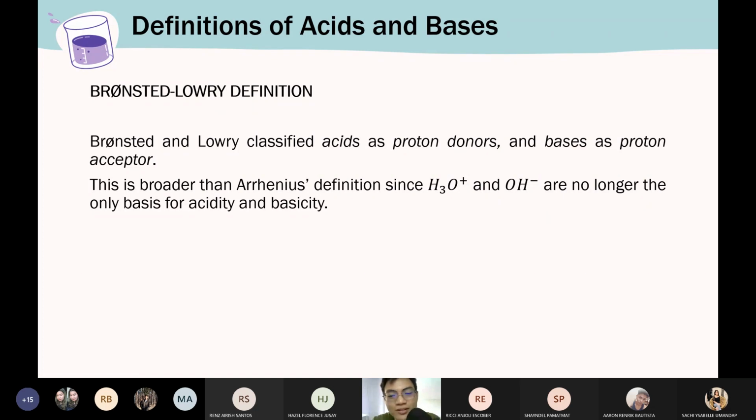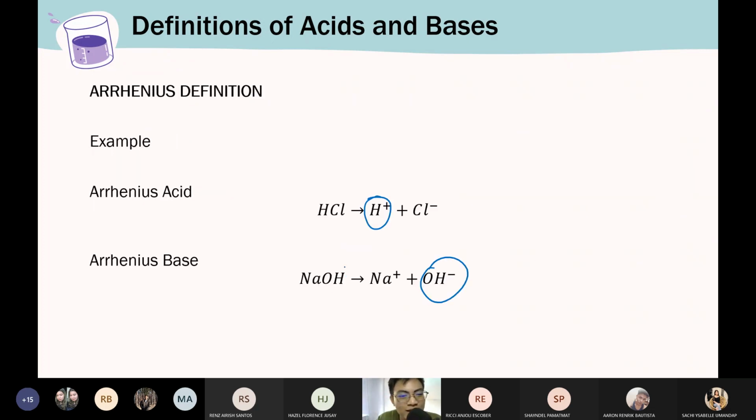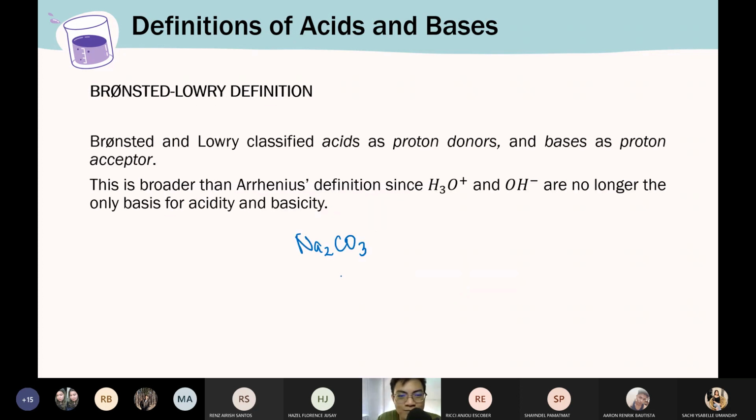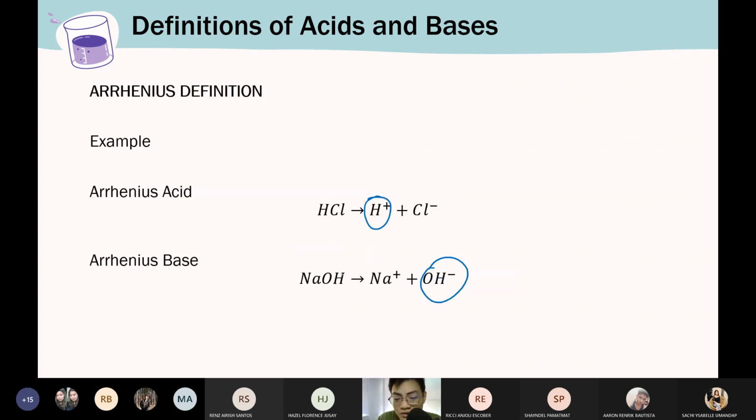Si Bronsted-Lowry kasi marami siyang problem sa life. Katulad natin. For example, sodium carbonate. Is this an acid or a base? Di ba? May OH ba dyan? Wala. May H plus ba dyan? Wala. So, we cannot tell. Hindi natin magagamit yung Arrhenius acid-base definition kasi wala siyang H plus, wala siyang OH.